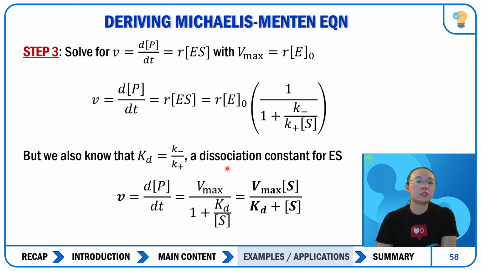That's called the dissociation constant for ES, so we can rewrite this as 1 plus KD over S. But keep in mind the maximum velocity is also going to be R times E naught, so I can replace this whole thing with Vmax. So I now have Vmax over 1 plus KD over S, or if I rework this, I get Vmax times S divided by KD plus S, especially if I factor out the 1 over S over here.